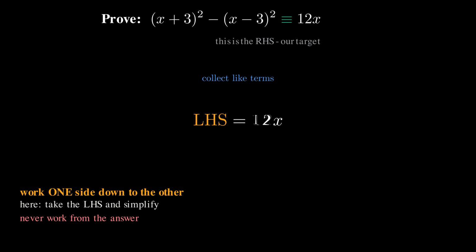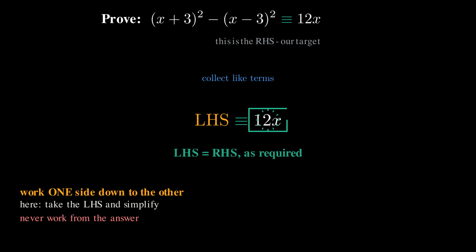The left-hand side has become 12x, which is exactly the right-hand side. The two sides are identical, so the equal sign earns its promotion to the identity sign, and we lock it in.